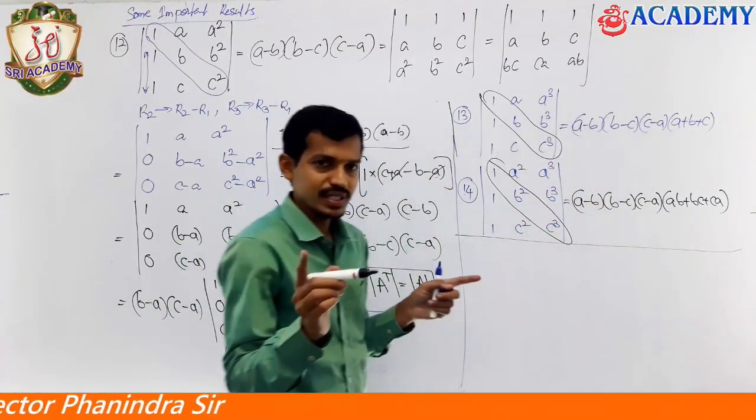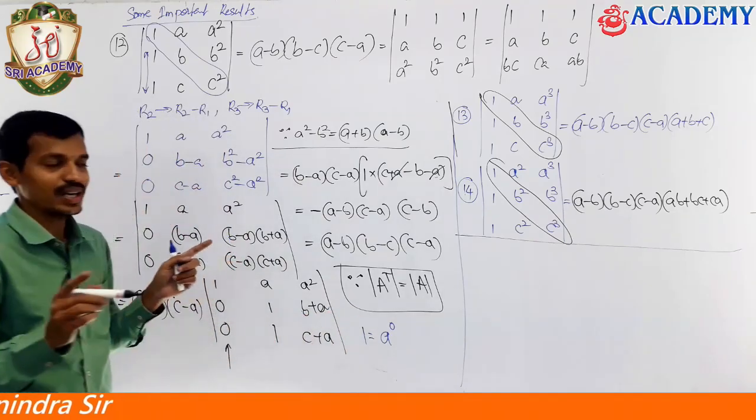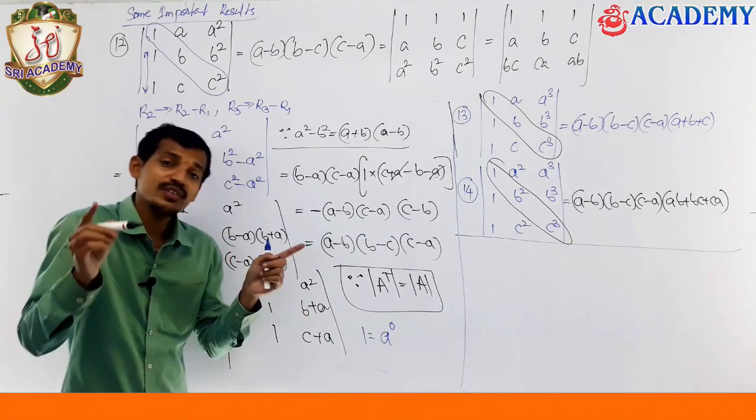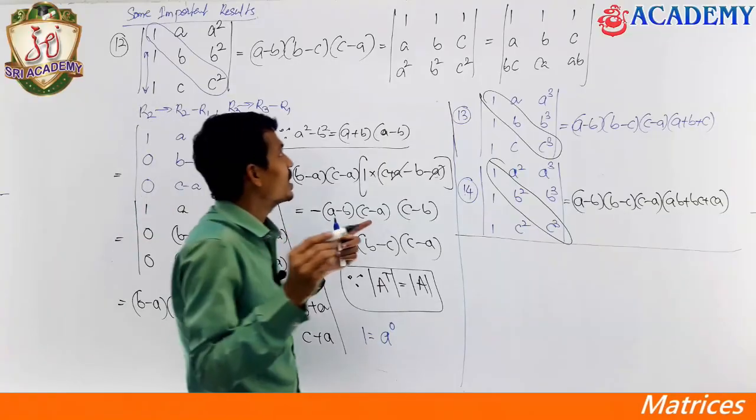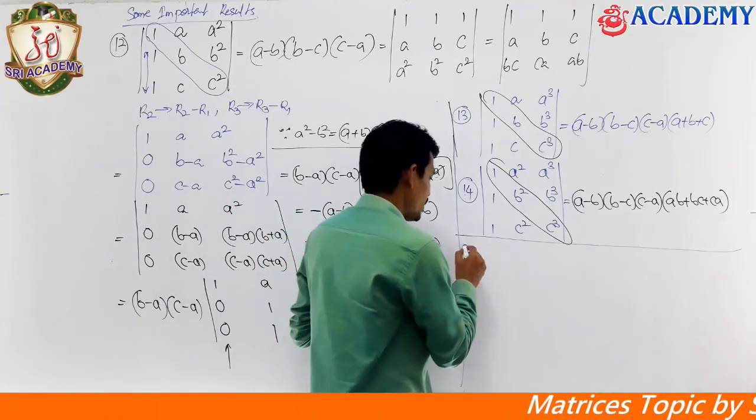Based upon these results, questions are going to be asked in your exams, but he won't ask directly. He will give it logically. For suppose I'm writing one question here.